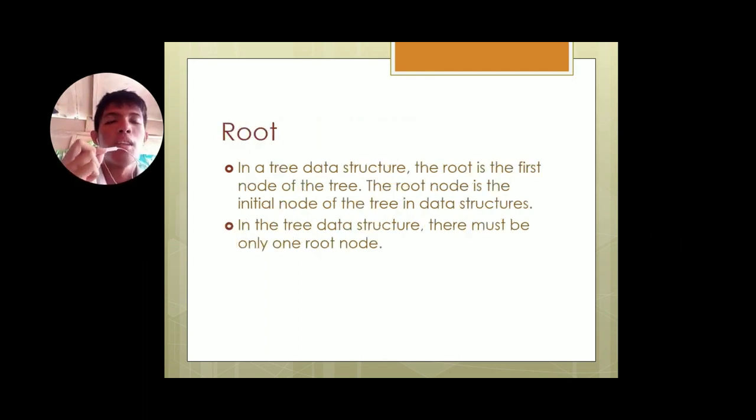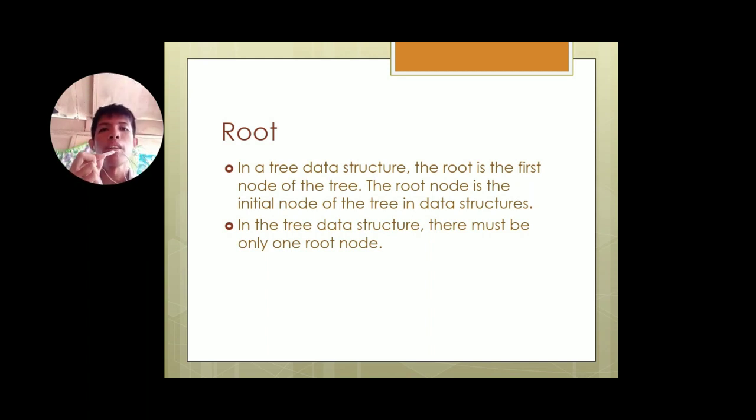First is the root. In a tree data structure, the root is the first node of the tree. The root node is the initial node of the tree in data structures. In the tree data structure, there must be only one root node.